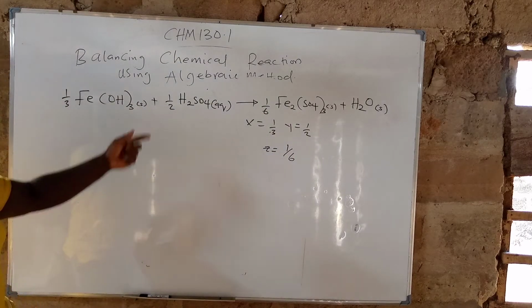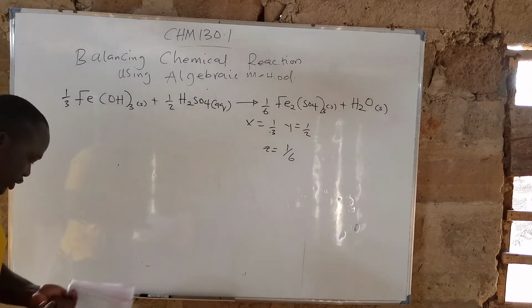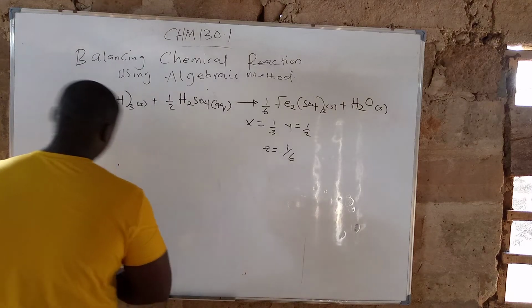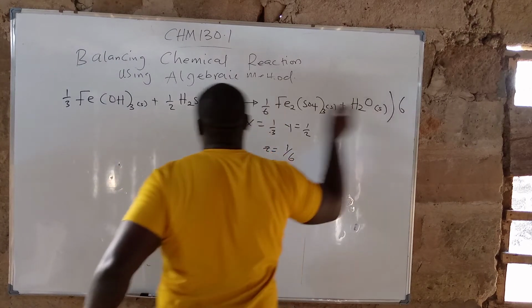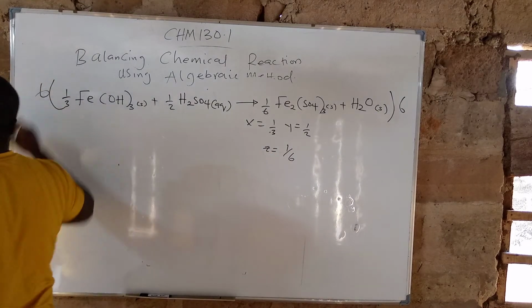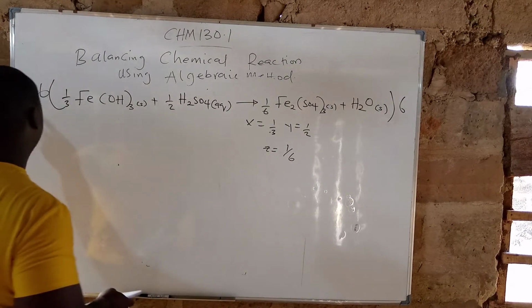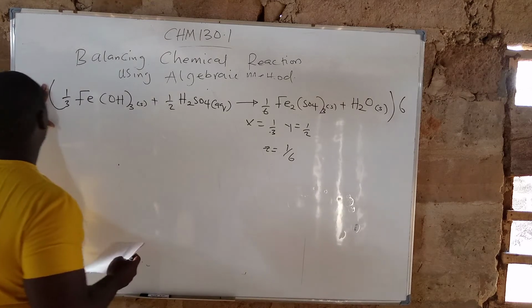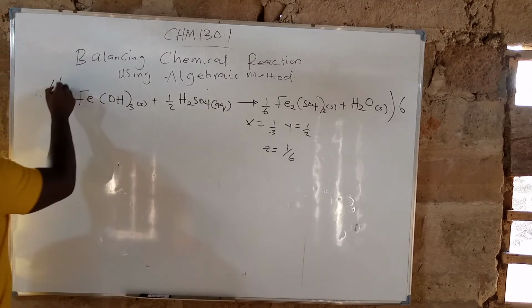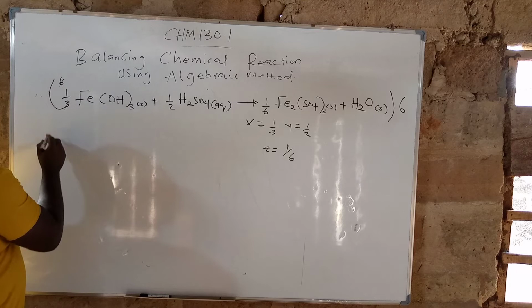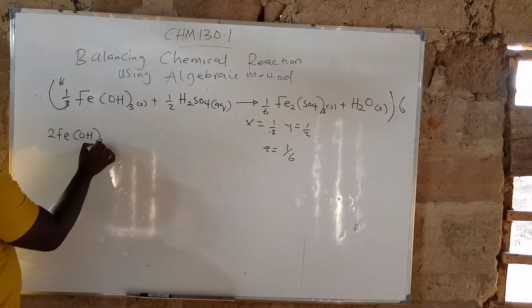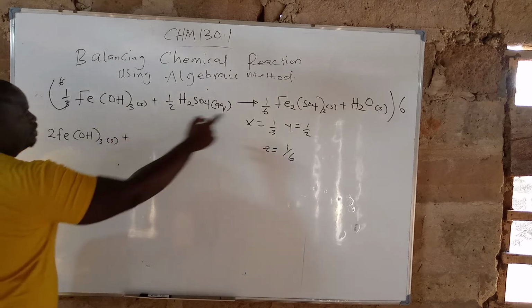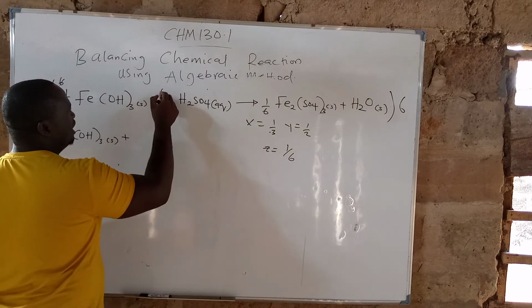You can see there is a fraction, so we want to remove the fraction. All I have to do is multiply everything by 6, because we don't want to have a fraction. So if 6 comes into this place, we have 2 remaining. So we have 2Fe(OH)3, solid, plus, if 6 comes to this place, we have 3.